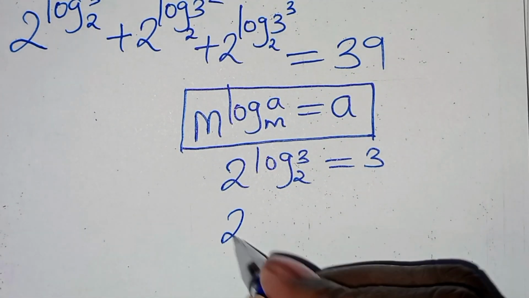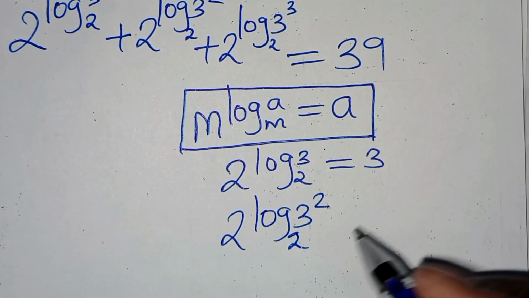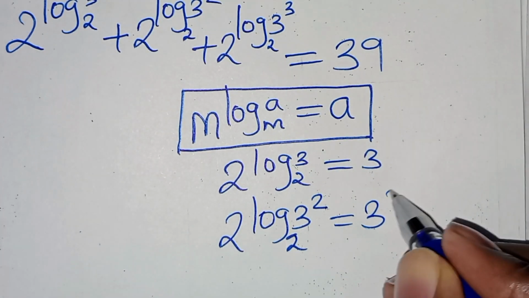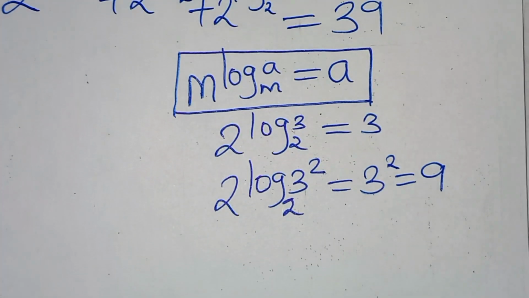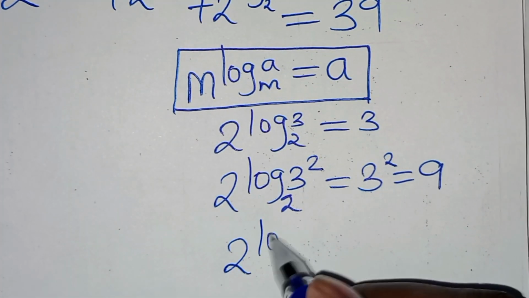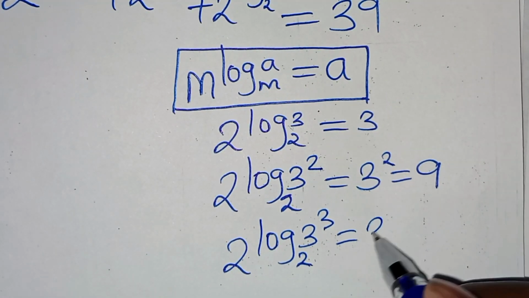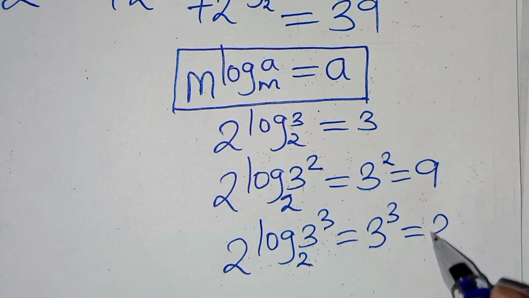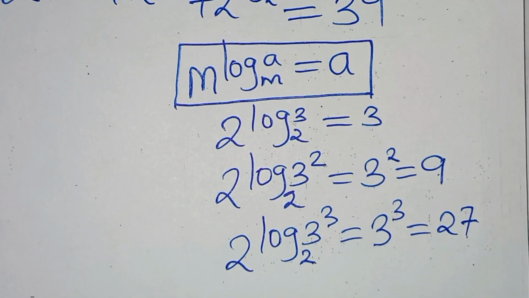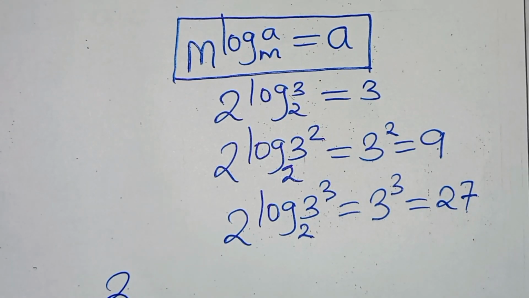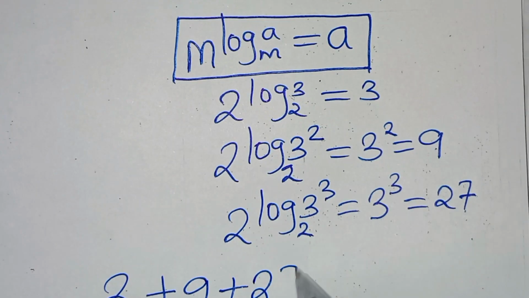And you find that 2 to power log 3 to power 2 to base 2, this will give us a value of 3 to power 2, and this is equal to 9. We have that 2 to power log 3 to power 3 to base 2, this will give us a value of 3 to power 3, and this is equal to 27. So let's substitute this. This is the same thing as 3 plus 9 plus 27.